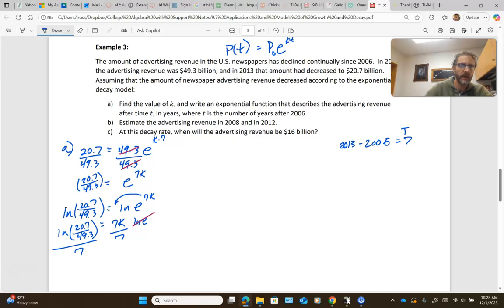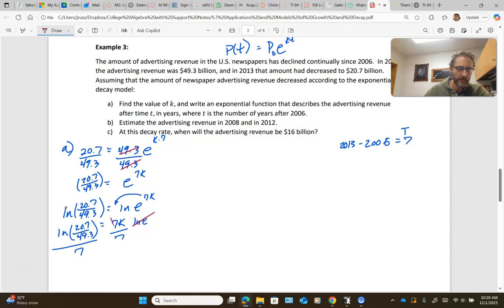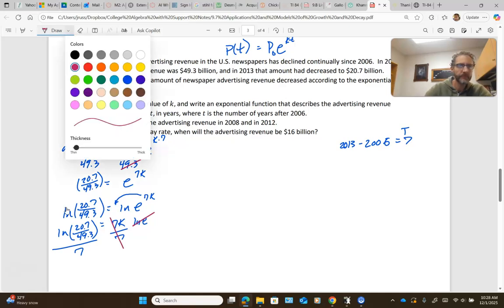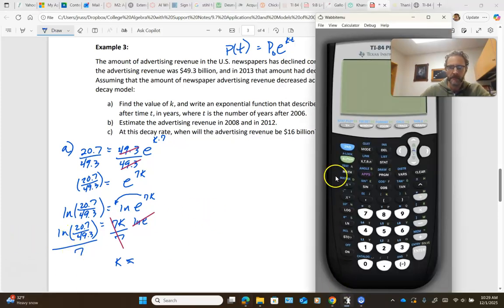So you could still derive a formula for this if you wanted to. But k will be roughly equal to, I'm going to plug all this into the calculator. The natural log of 20.7 divided by 49.3.